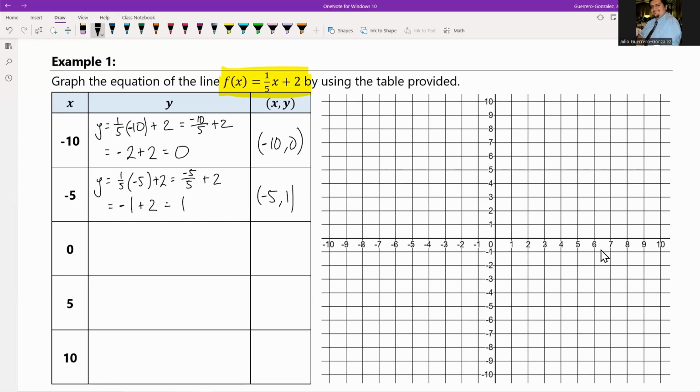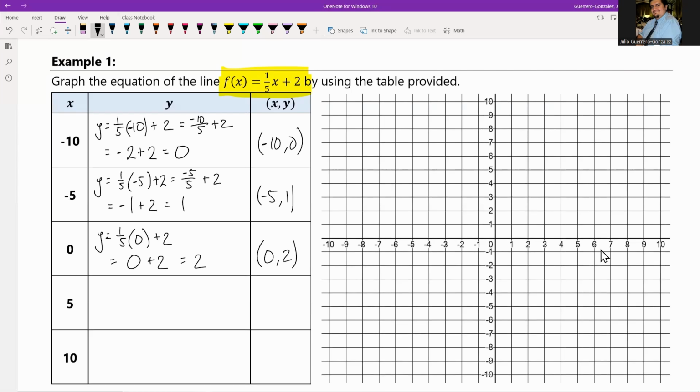We'll put those down in a second. Let's do one more. Let x equal 0. Then y is 1/5 times 0, plus 2. 1/5 times 0 is 0, plus 2, and that is 2. So here I have 0, 2.